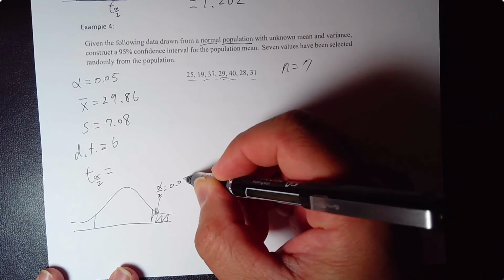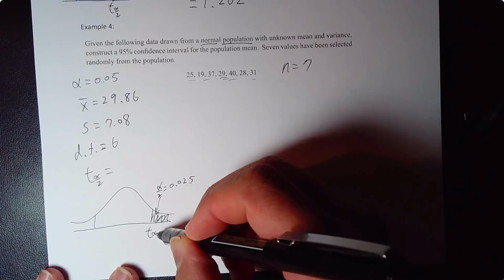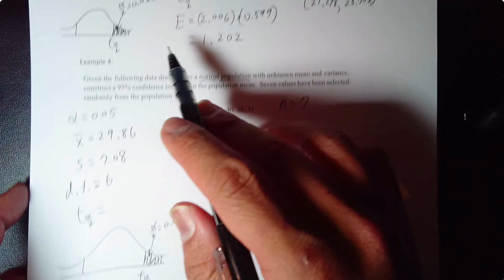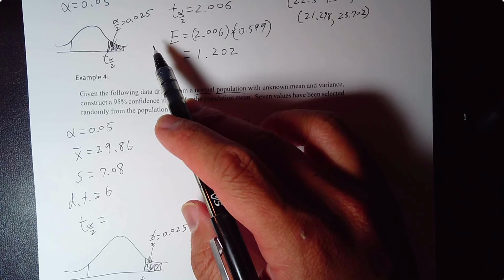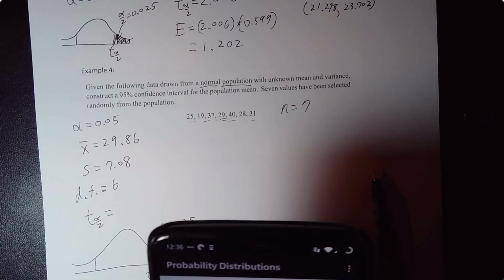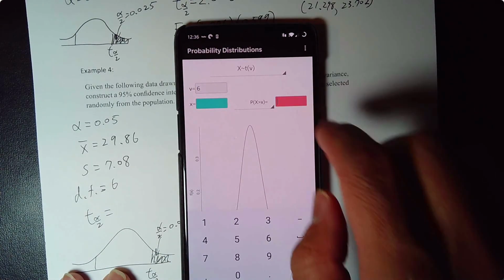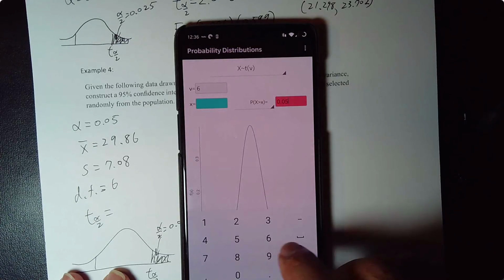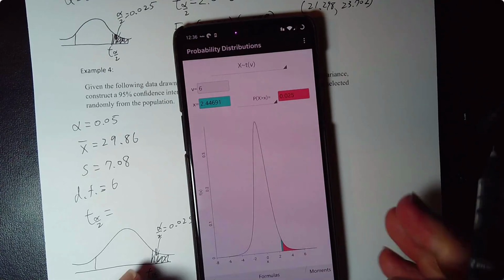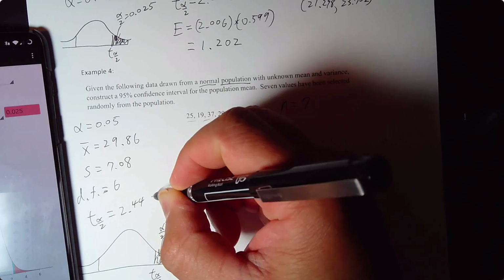Notice that I can't just use the earlier one, because I have a different sample size. So I need to use my app to find this. Again, I change my degrees of freedom to 6, and the probability here is 0.025. Enter that, and that's going to be 2.447.